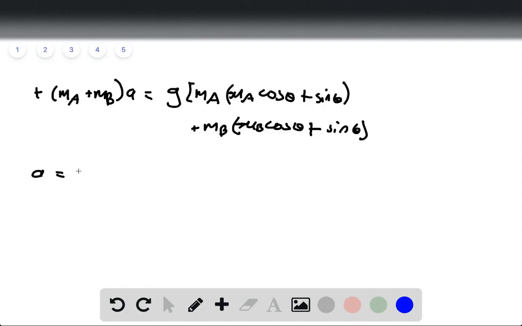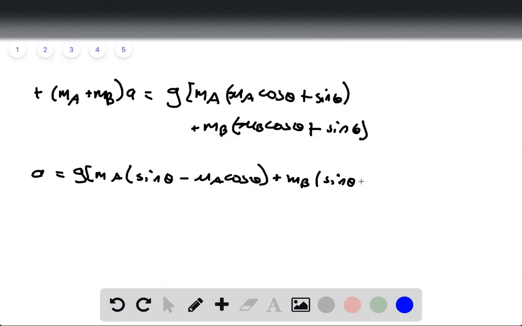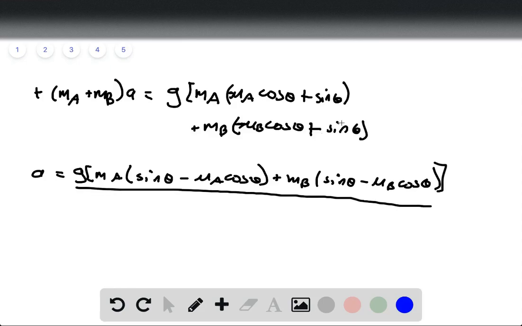So we have A is G times this top term here divided by MA plus MB. So then you can just plug in numbers, and this will be our answer for the value of A.